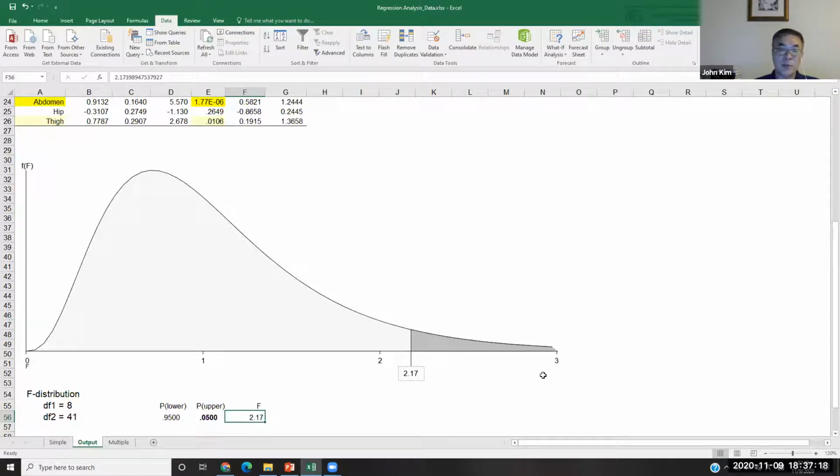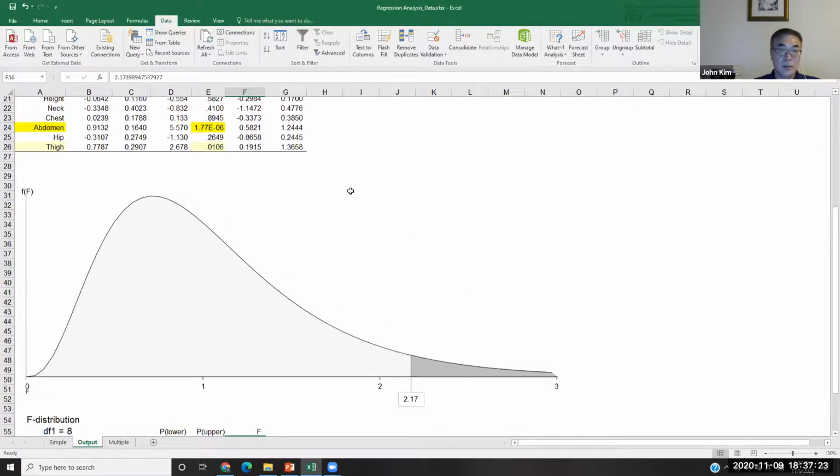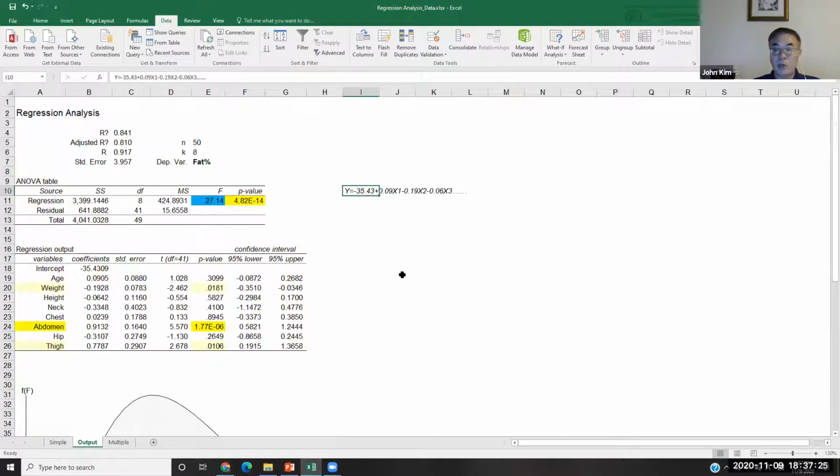Reject the null hypothesis. So we can say the equation we developed is working. That means at least one X variable is useful to predict the Y variable, but we don't know which one yet.